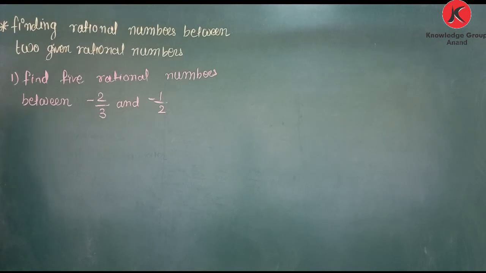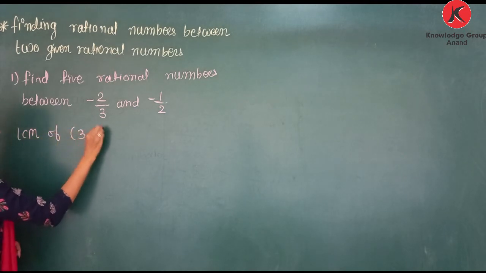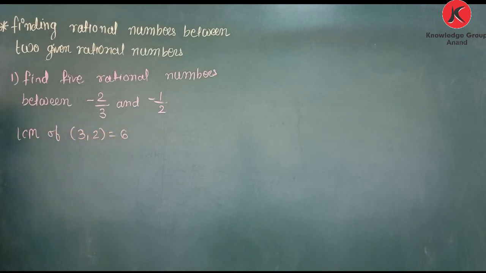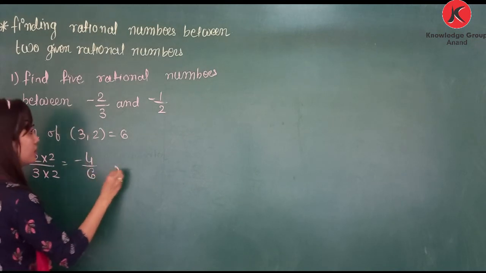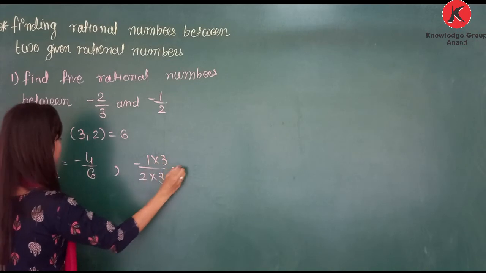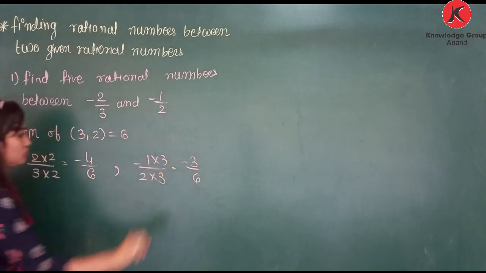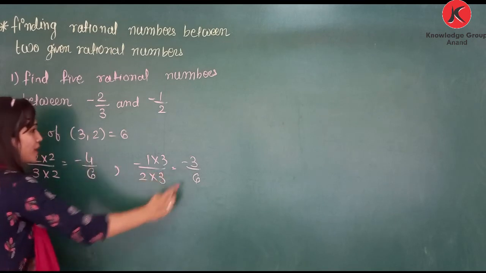So here first we need to take the LCM, that is 6. Make the denominator the same first. So we get minus 4 by 6, and this is multiplied with 3. Now, how many numbers are there between minus 4 and minus 3?